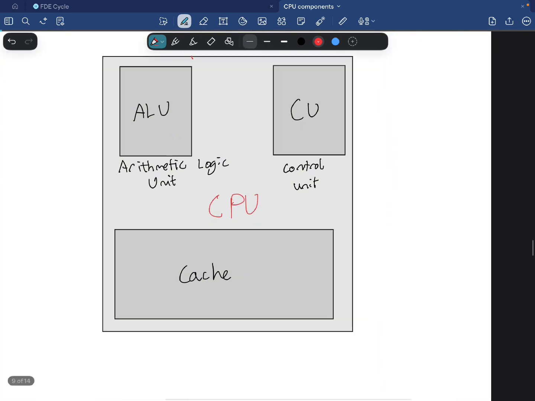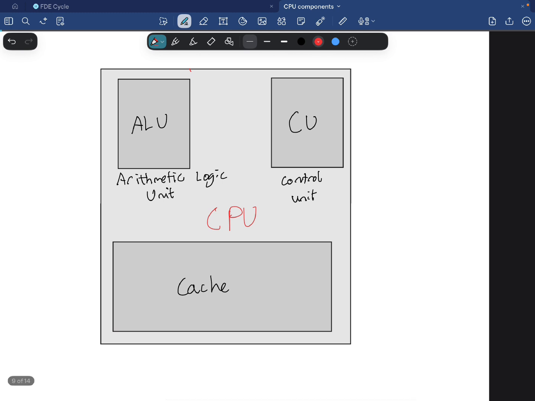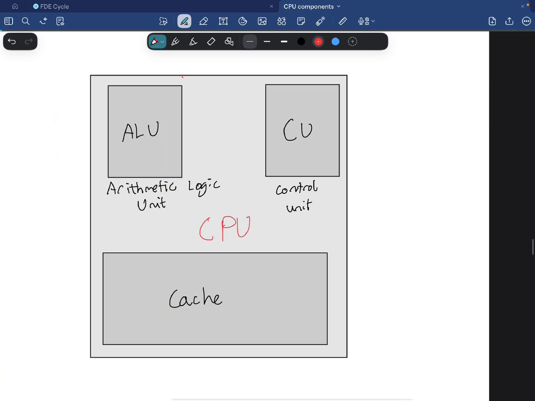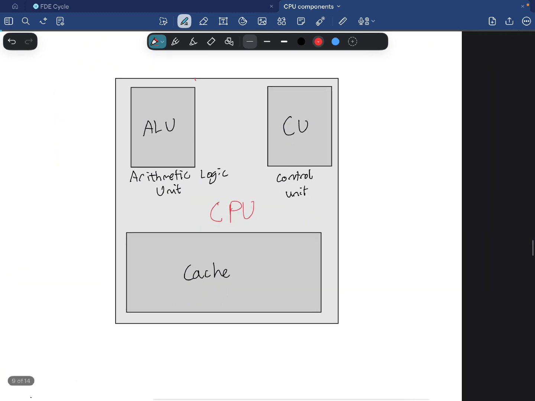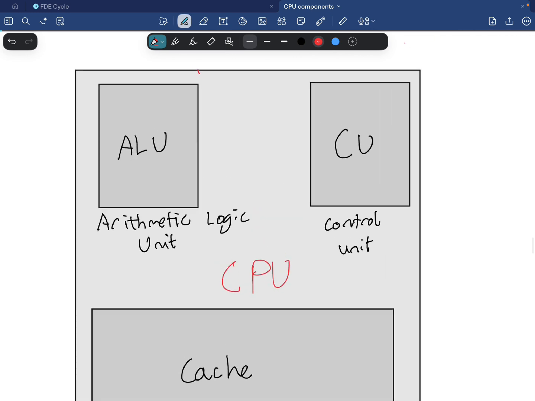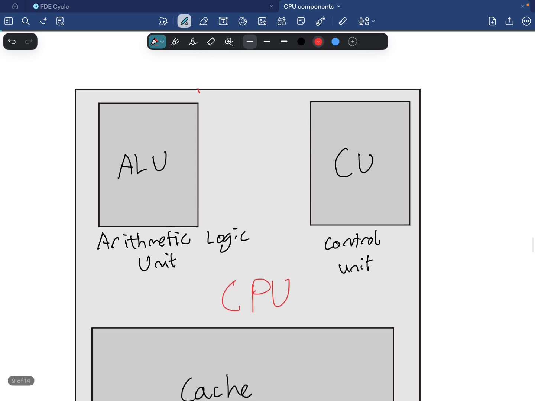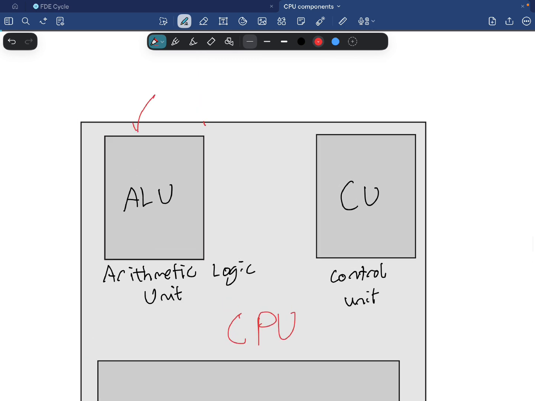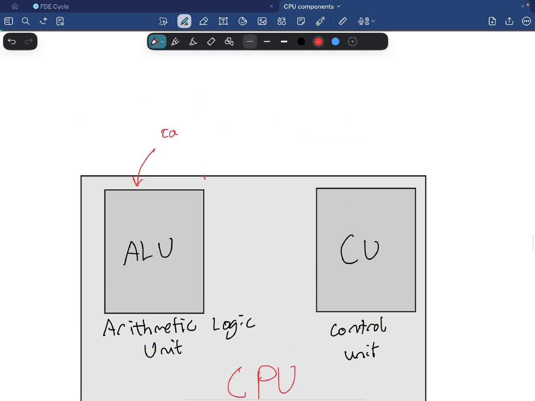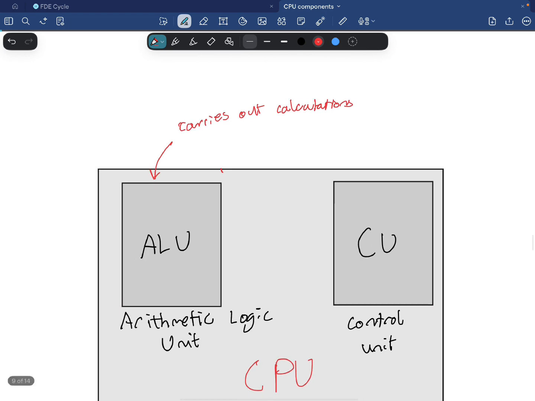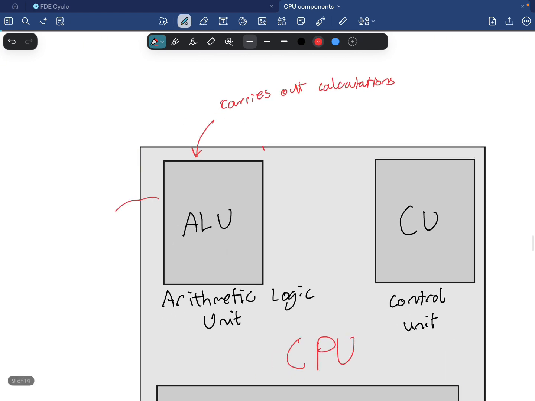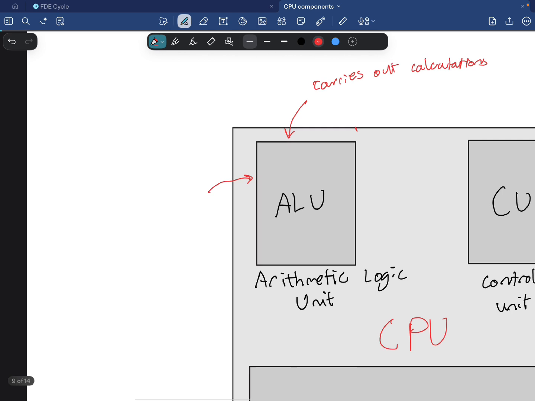Now here I've got another diagram of the CPU. This has the different components that we just looked at. So the ALU, the CU, and cache. Now the ALU, we said, carries out calculations. We said that it performs logical operations.